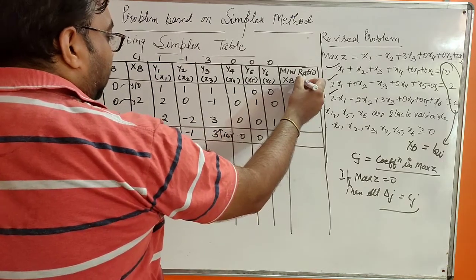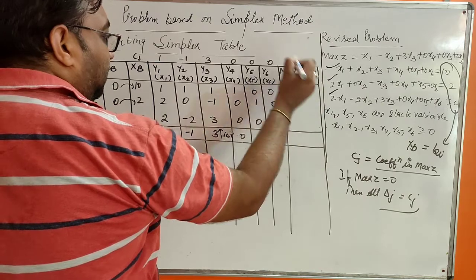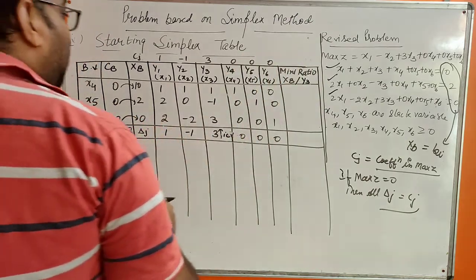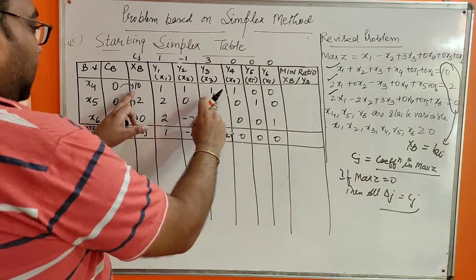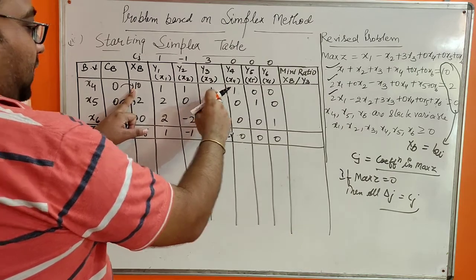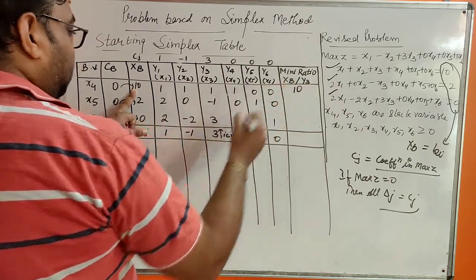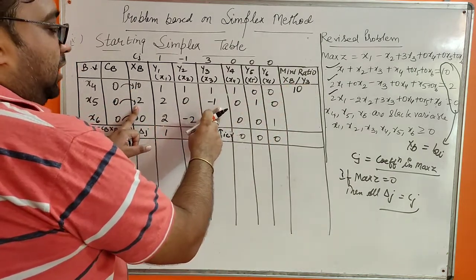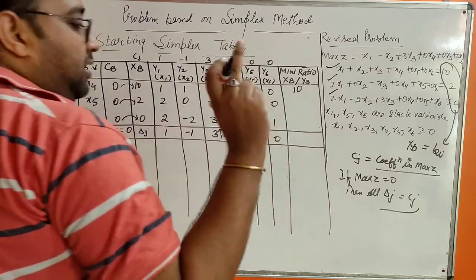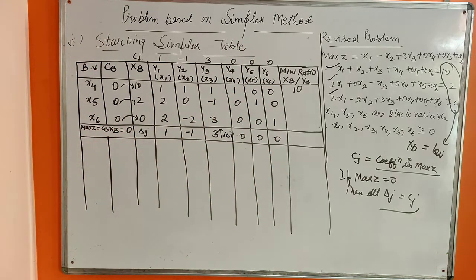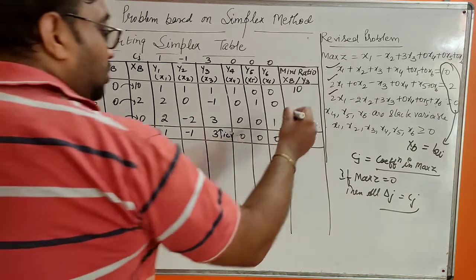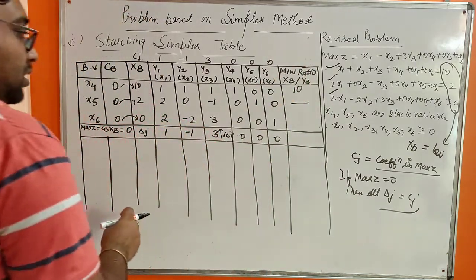So we have to divide this by Y3. So divide XB, that is 10 divided by 1 remains 10. This 2 is divided by -1, and I already told in the previous lecture that we cannot divide by a negative number. So leave it dash.